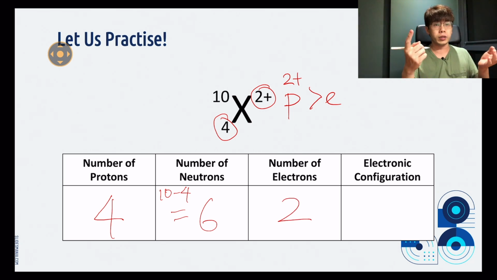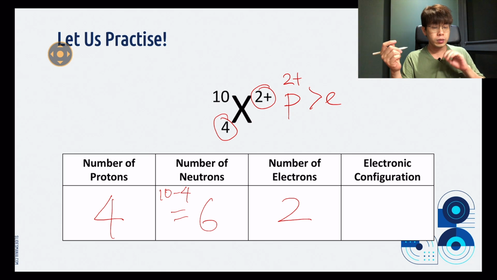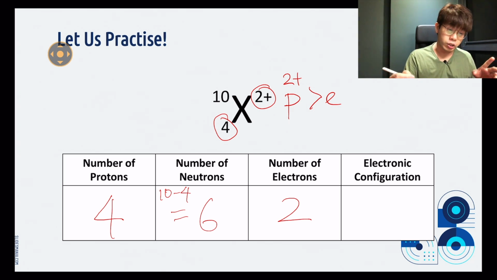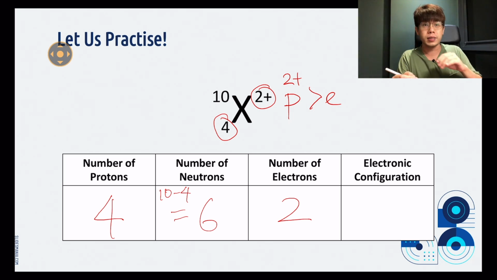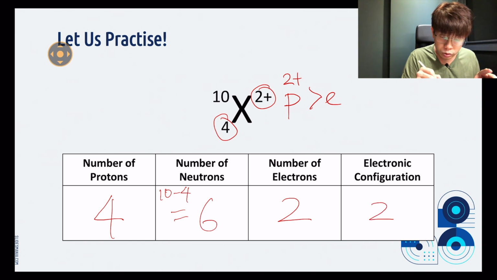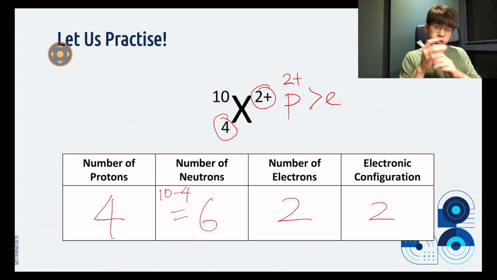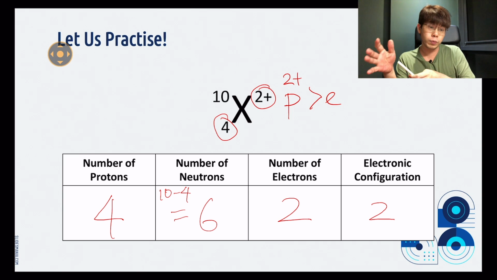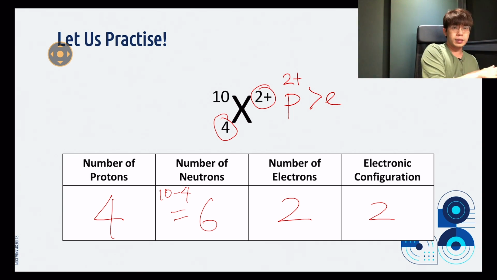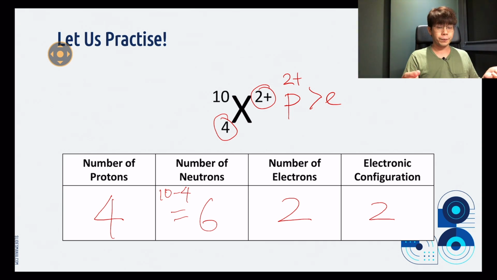I've lost 2 electrons to become 2 plus. So now the electronic configuration of the X2 plus ion would just be 2. So take note that the electronic configuration of the X2 plus ion as well as the X atom is different.